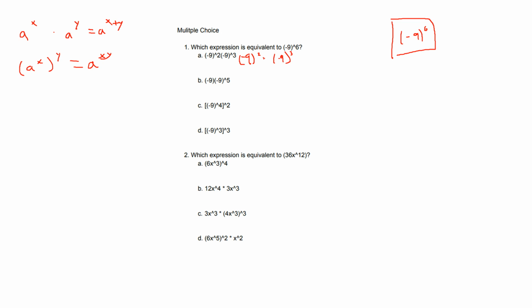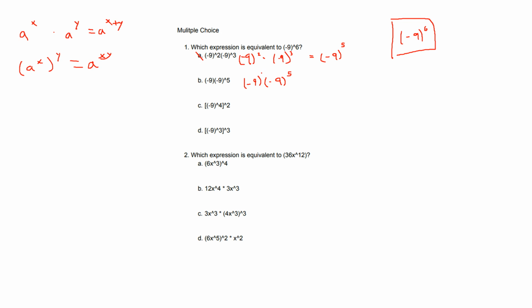Okay, and this is kind of a trick answer choice because we all know that 2 times 3 equals 6. But here, since you're just multiplying two terms that have the same base, it's just going to be adding the exponents, which means it's just going to be negative 9 to the power of 5, which is not what we're looking for. So it's not A. For B, it is negative 9 times negative 9 to the power of 5.